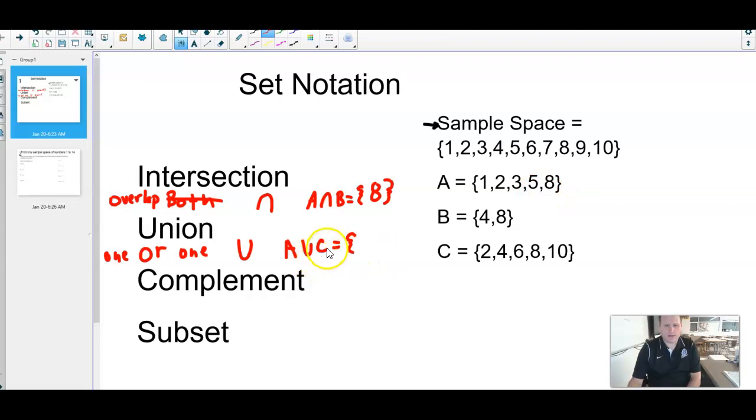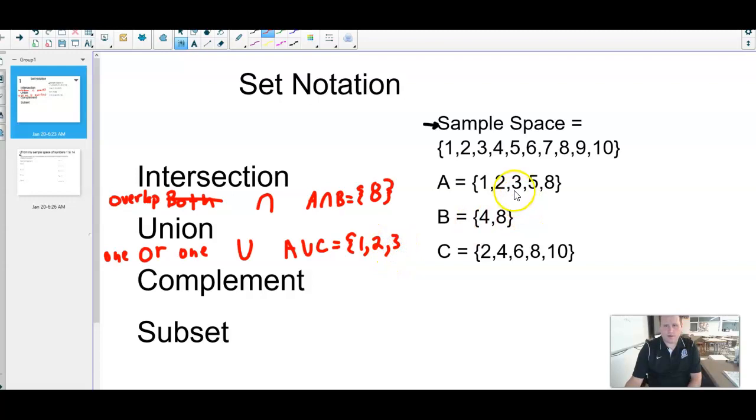And then I'm going to put anything that's part of C, so 2, 4, 6, 8, 10. I'm going to put them in order just for the heck of it, but it doesn't matter. So I'm going to put 1. I'm going to put 2. I know 2 is in them both, but I don't need to list it twice. I don't need to put 2, 2. I just need to put 1 and then 2.